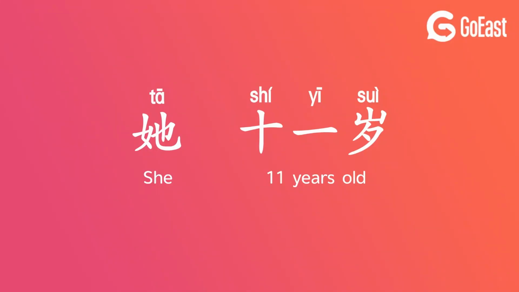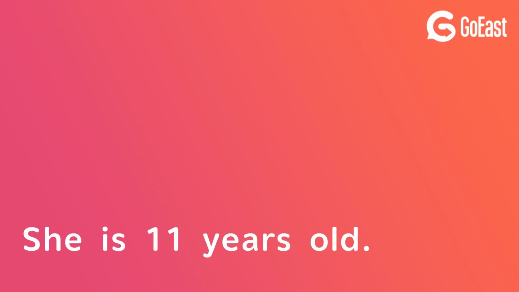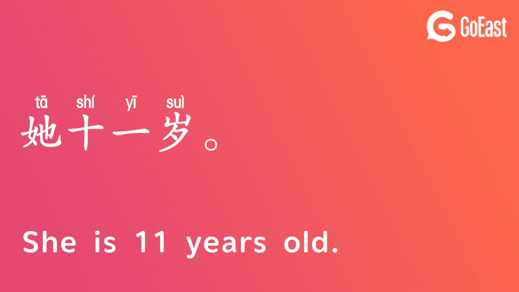她11岁 How would you say she is 11 years old in Chinese? It's actually quite simple, just 她11岁 Notice that we don't use the word is in the sentence. This may seem strange to those of us who speak other languages, but in Chinese grammar, it's perfectly acceptable and correct.